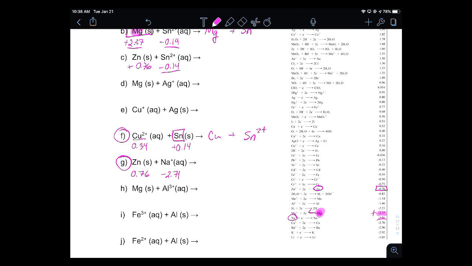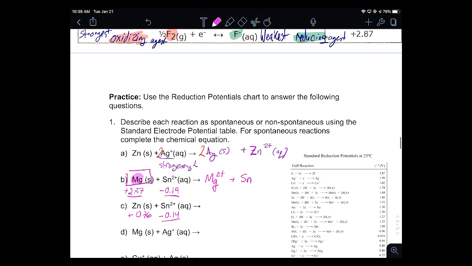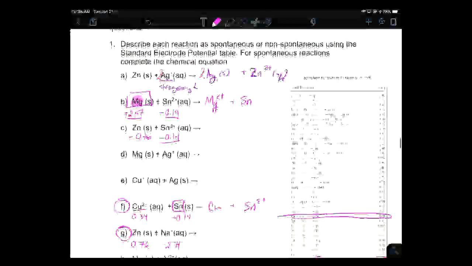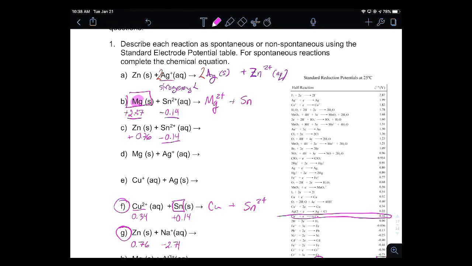Alright, so let's try to find one that doesn't work. Let's see if we can find one with maybe zinc. This is not the best table in the world. There's a zinc down here, negative 0.76.